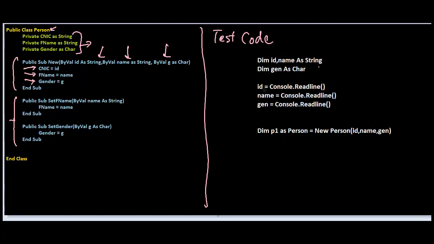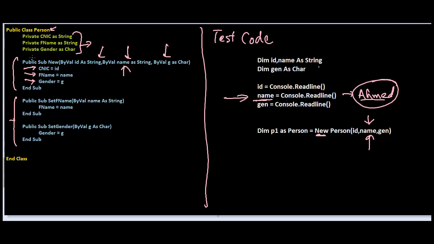Okay, let's assume that when we take the input from the user, it gives us this name Ahmed, right? So this is the value that is going to be assigned to this variable, and then this variable is being passed as the second parameter here, and the second parameter within our constructor is this parameter, right? So we're calling the constructor, and the second parameter is name, for which the value Ahmed was given.